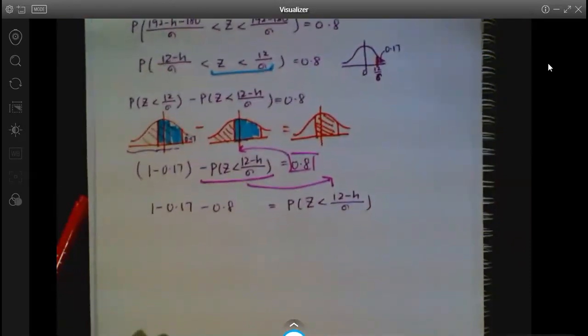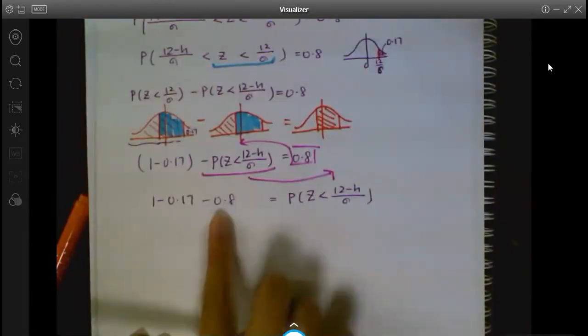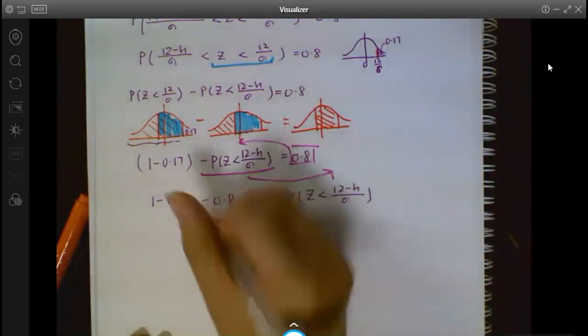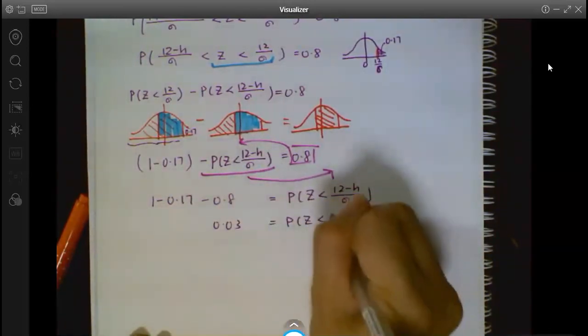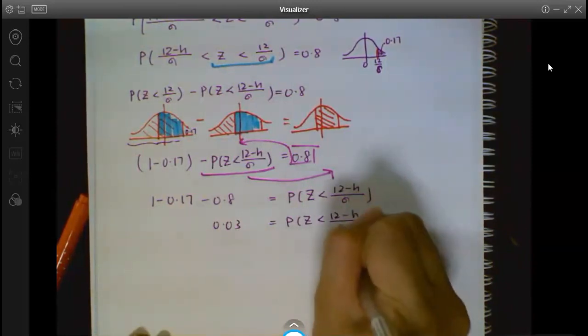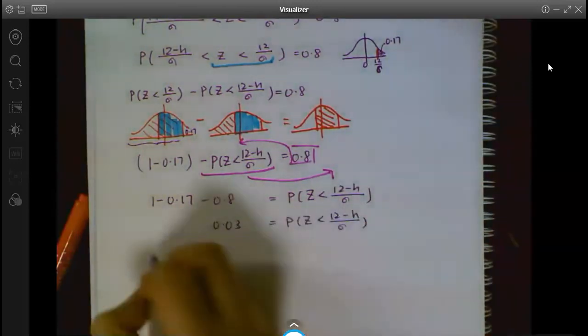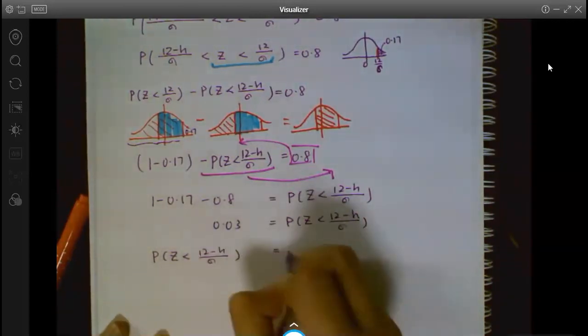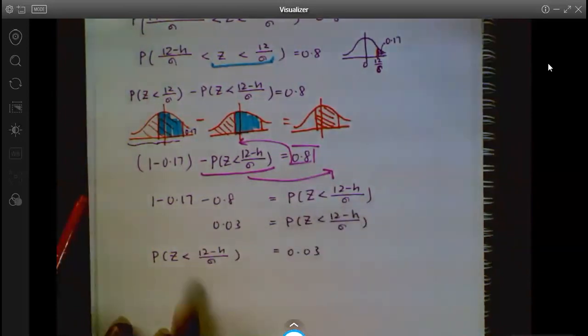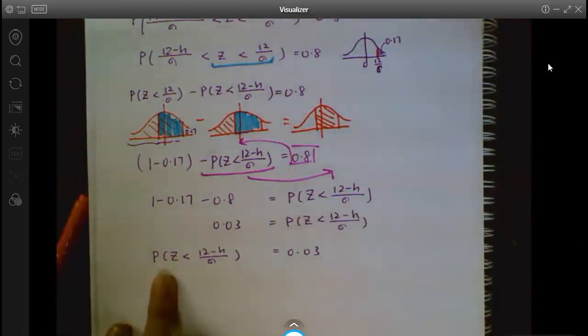Right? If we evaluate this, we will get 0.03 is this probability. Now let's swap sides so that is less confusing. Now this is a left tail and it's already standardized.